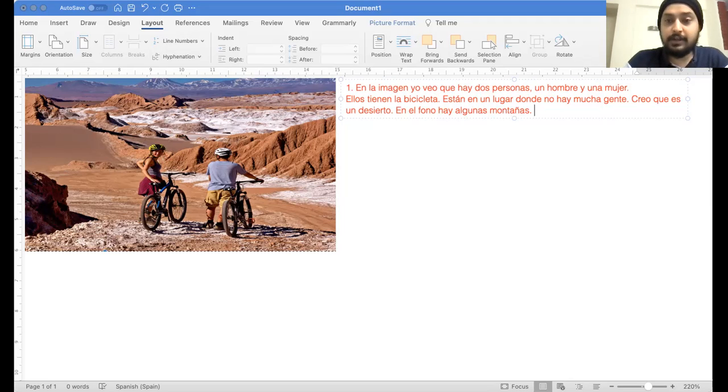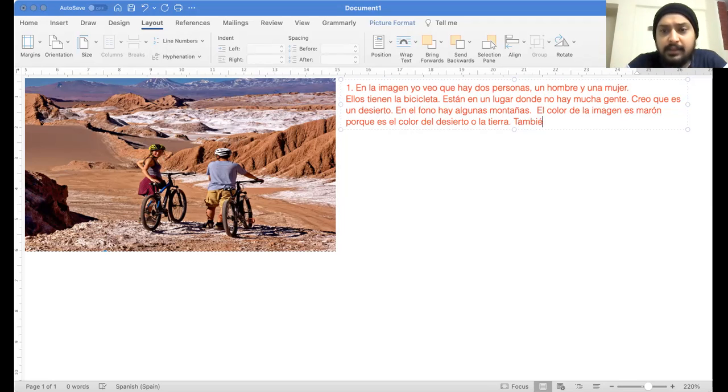And now you can also see that the color of the image is brown, porque es el color del desierto o la tierra. And you can also see some white elements, isn't it? También hay algo blanco.